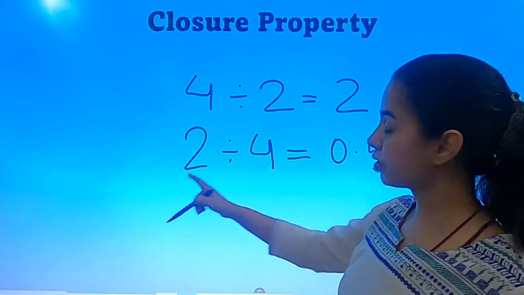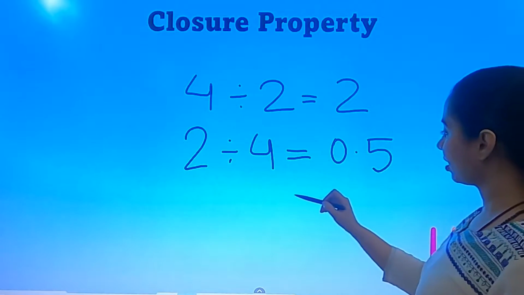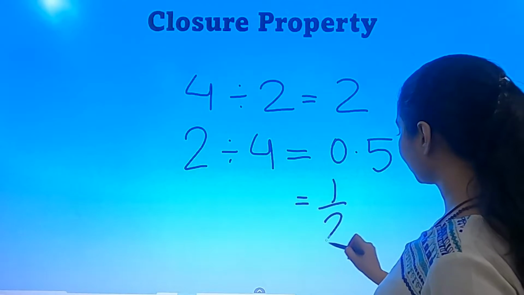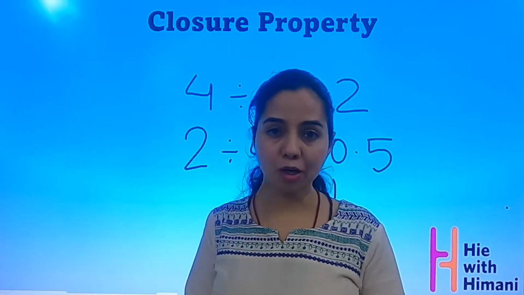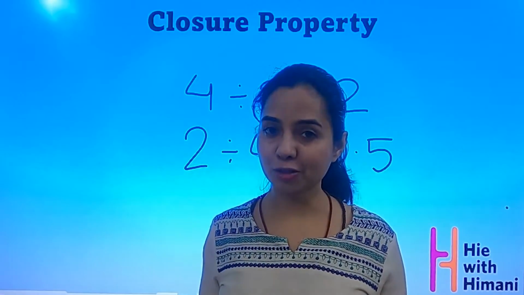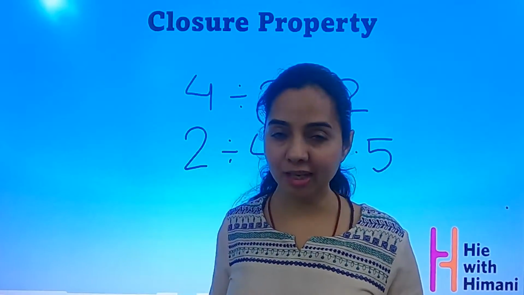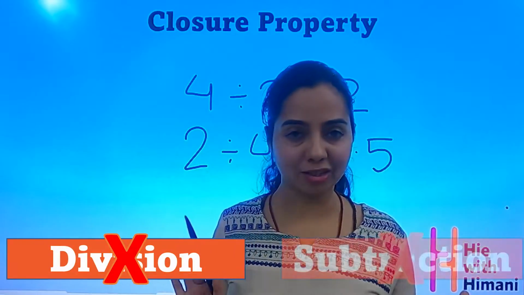No. 2 divided by 4 is 0.5, or half. It is not a whole number. So, closure property only stands true for addition and multiplication, but it does not stand true for division and subtraction.